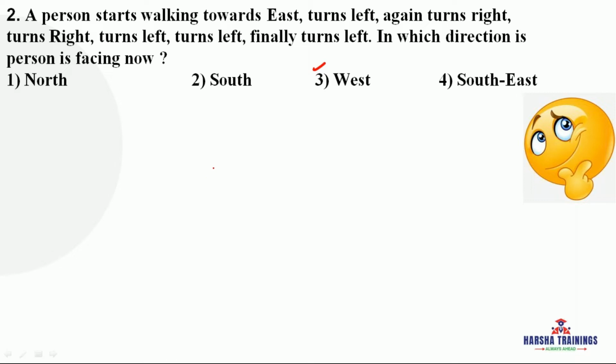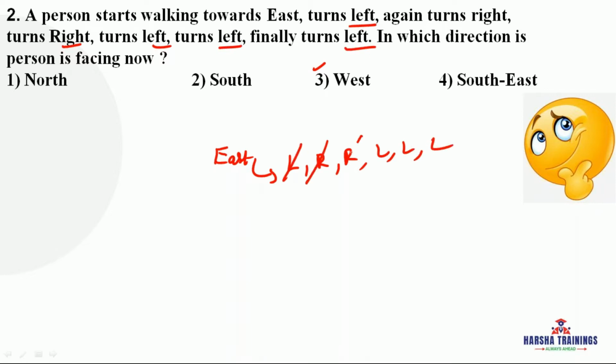Okay, so let me check. No issue. A person starting which direction? East direction, right? So turns left, turns right, again turns right, again turns left, again turn left, again turn left. One left, one right is cancelled, one right, one left is cancelled. Remaining is 2L.